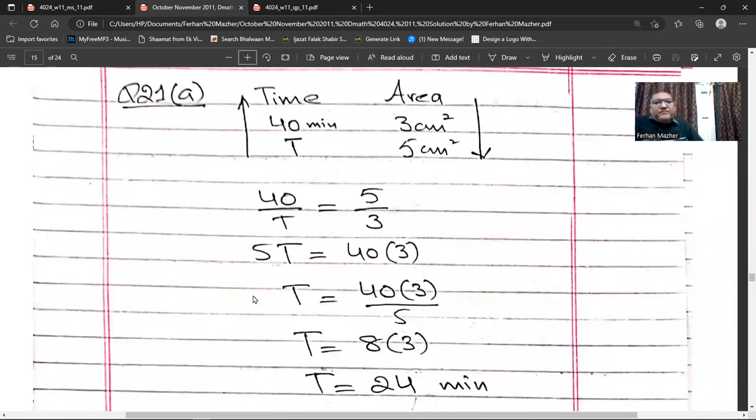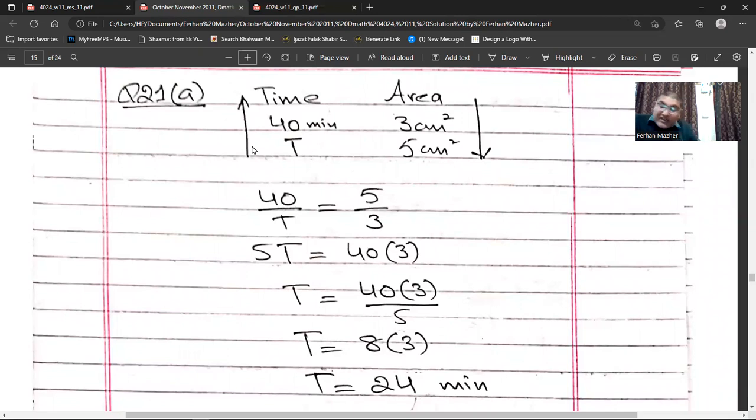So time and area, that's the technique, because we are told that they are inversely proportional. When the area of the pipe is 3 centimeters square, the time taken is 40 minutes. When the area is 5 centimeters square, the question is how much time it will take. Both these quantities are inversely proportional to each other, because when the pipe's area is larger, the time taken will be smaller.